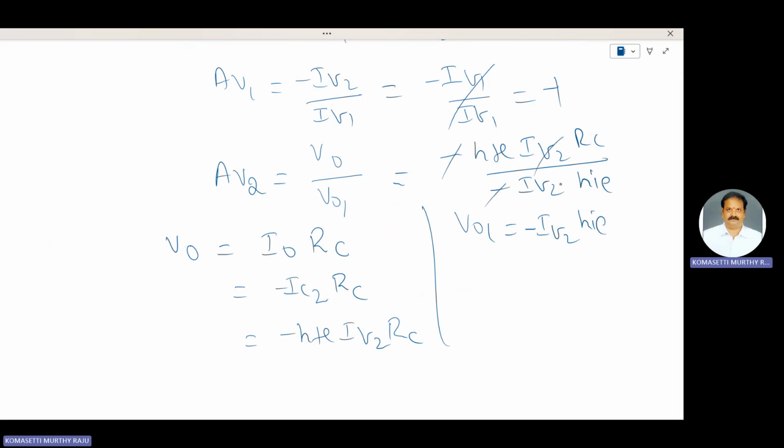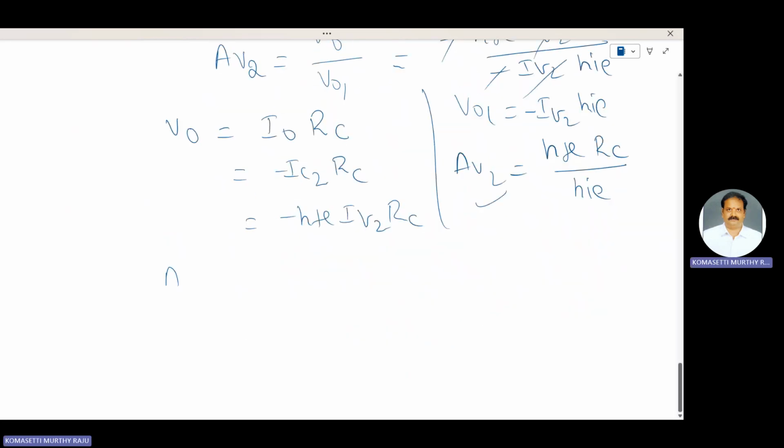The minus signs cancel, IB2 cancels. Therefore, AV2 is equal to HFE into RC by HIE. High voltage gain due to common base configuration.